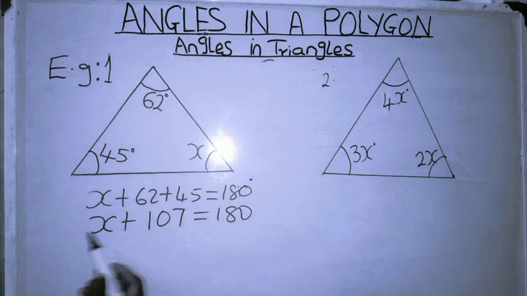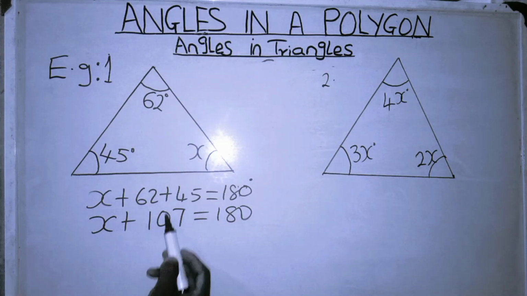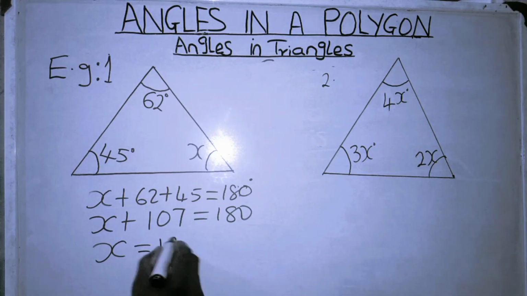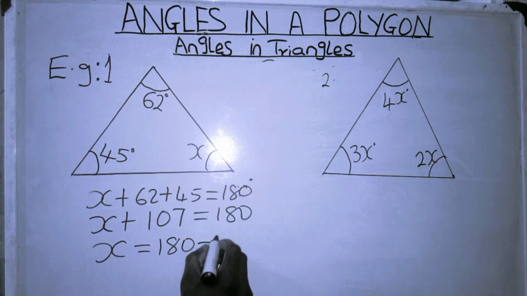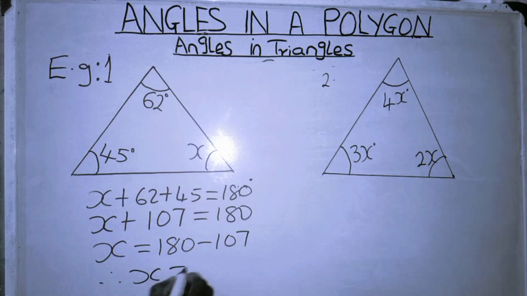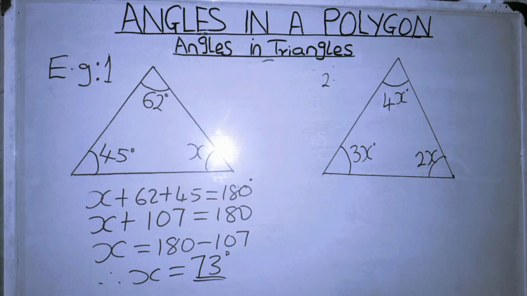Then, you solve it like an algebra. This 107 will move over to the other side. That will now be x is equal to 180 minus 107. So therefore, the value of x is equal to 73 degrees. That becomes the solution to this particular one.